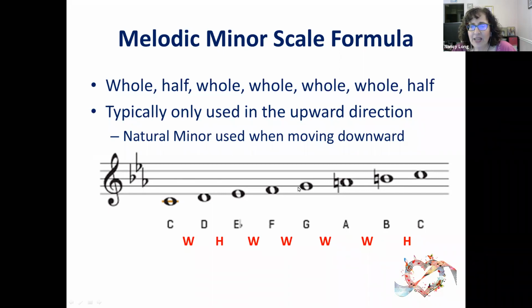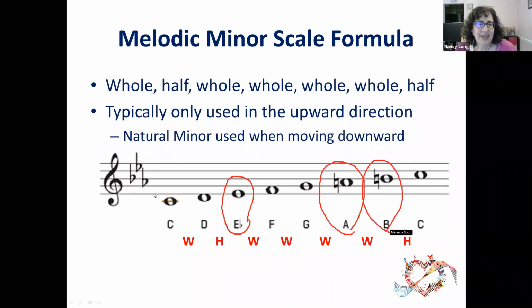But instead of the A flat and the B flat, on the way up, we sing them natural, but on the way down, we sing them flat. Not to confuse you or anything. And it sounds something like this. D, E flat, F, G, A, B, C, B flat, A flat, G, F, E flat, D, C.